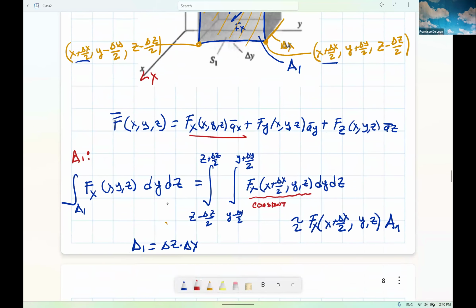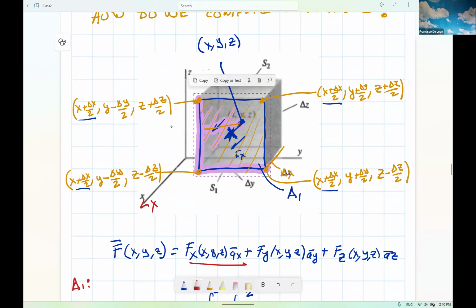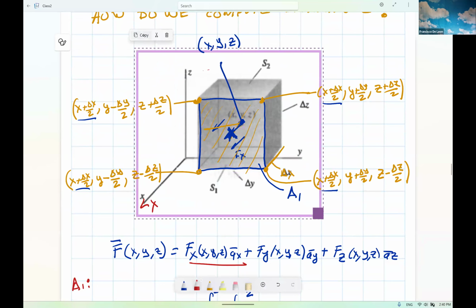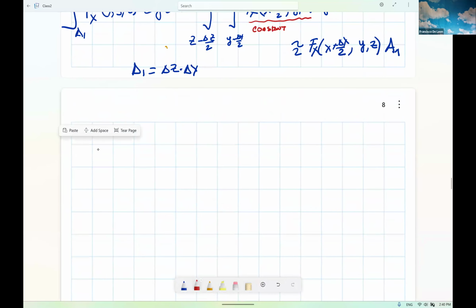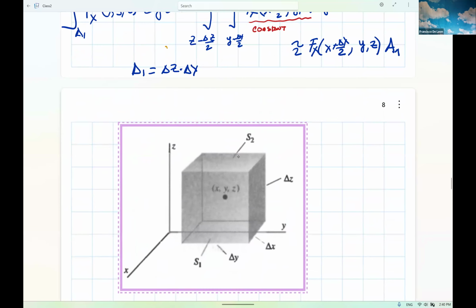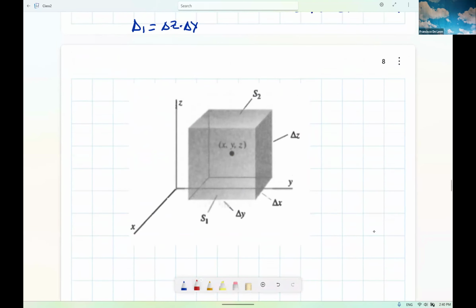What would happen to the other face? Let's say the face behind. Now I'm talking about this face, the one face that is hidden that I don't see, but is underneath, right?